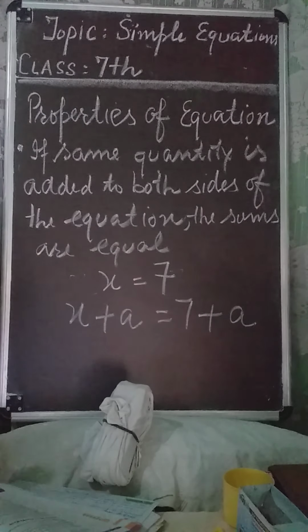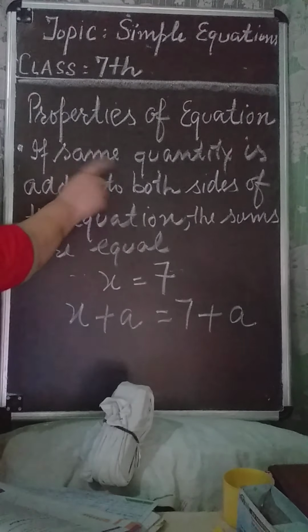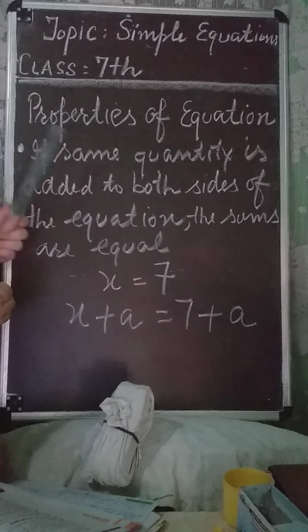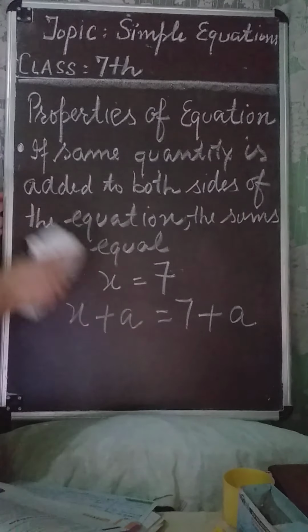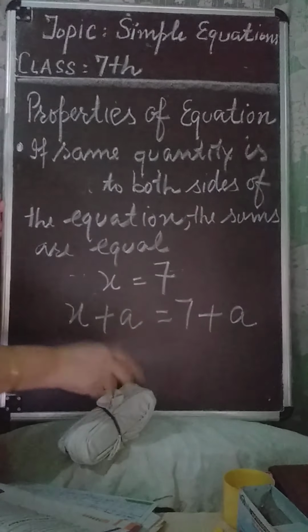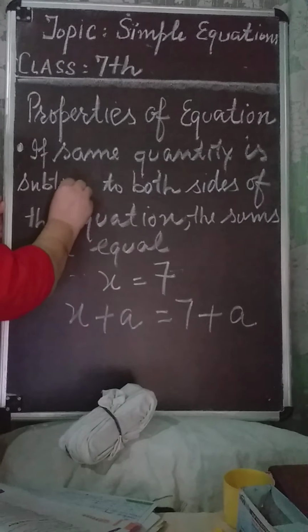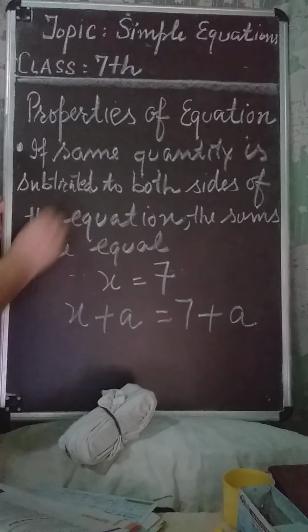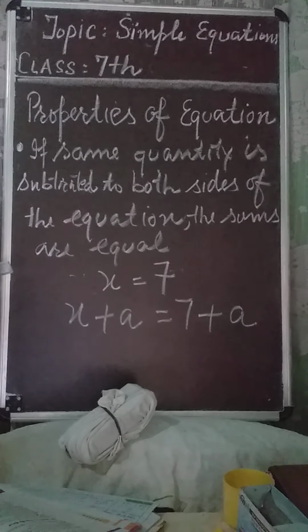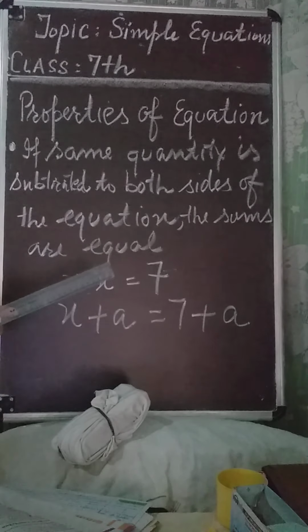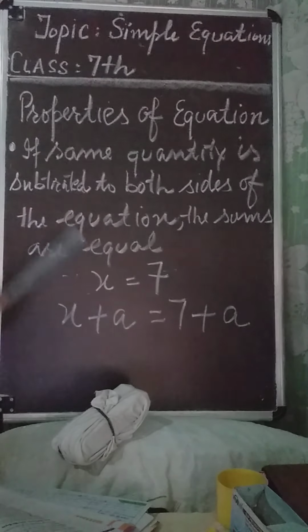Okay children. Now your second property of equation is, if same quantity is, in place of added, if I write subtracted, to both sides of the equation, the differences are equal.